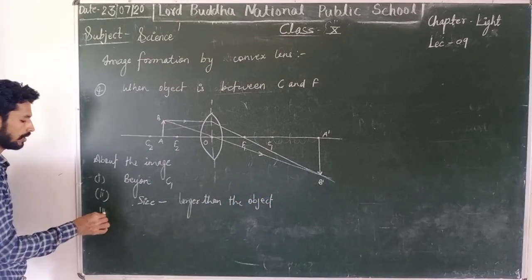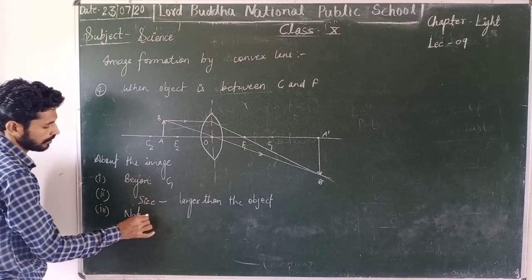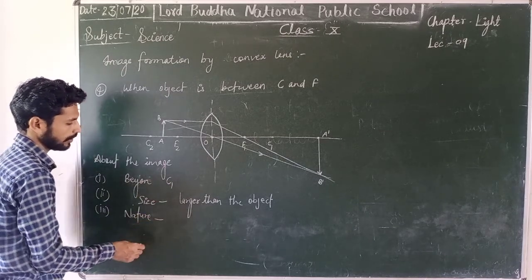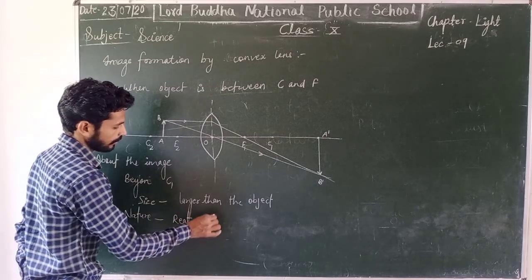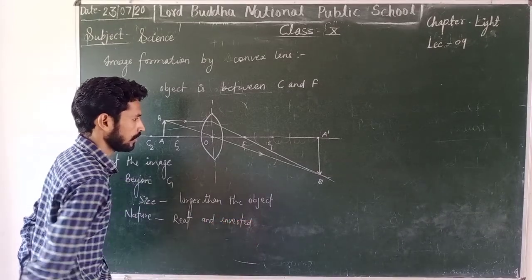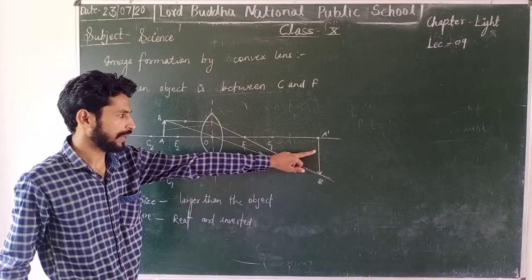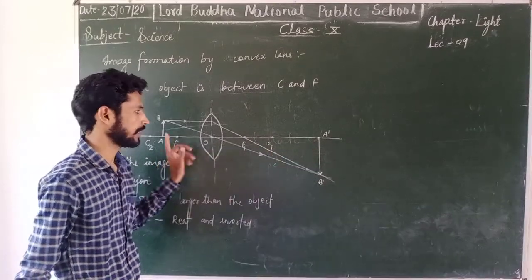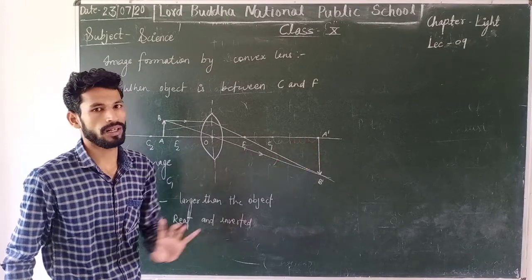Point number third, nature. In this case, the nature of the image is real and inverted. So you can see here the size of the image is larger than the object, and this is an inverted image and also a real image.